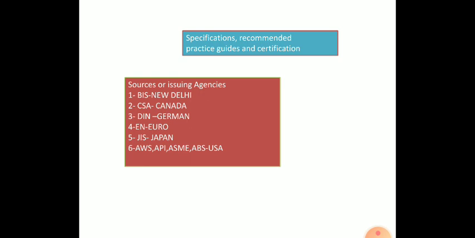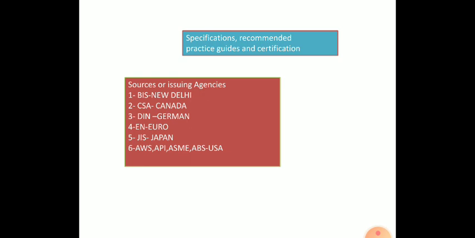As we talked about, a code is usually an elaborate document that in some cases may run into thousands of pages. The biggest example we discussed is the ASME Boiler and Pressure Vessel Code.